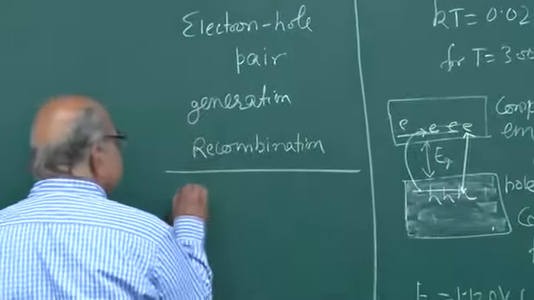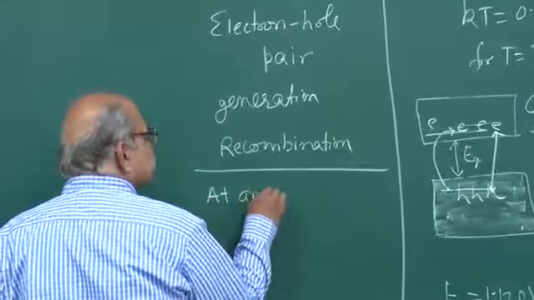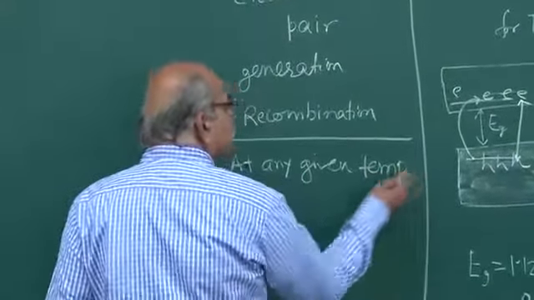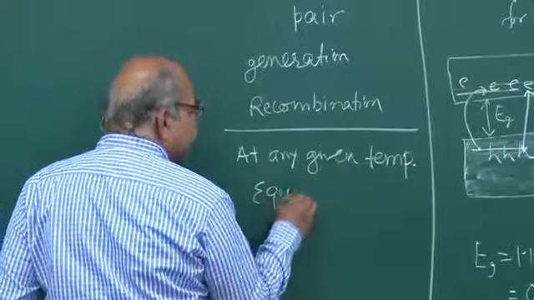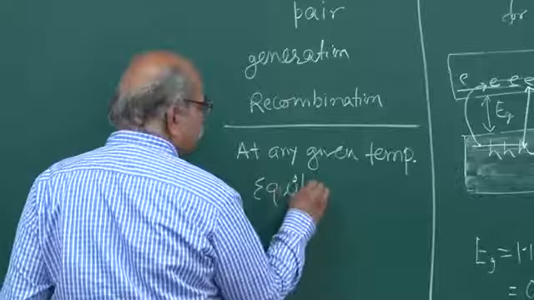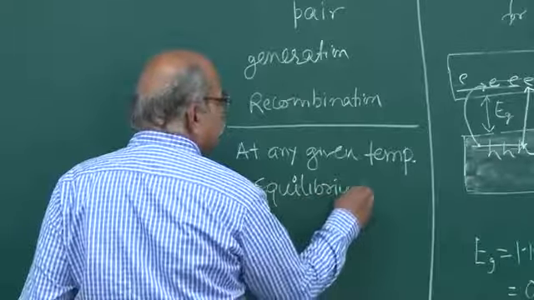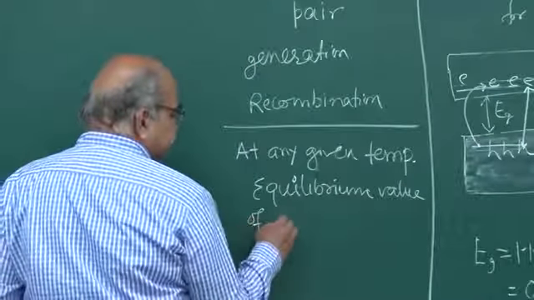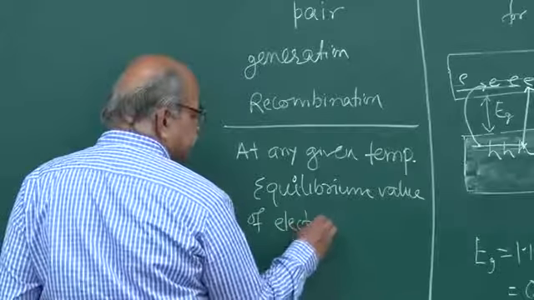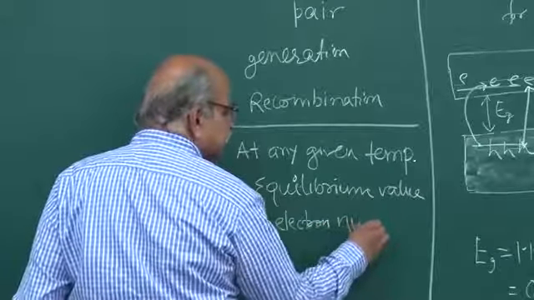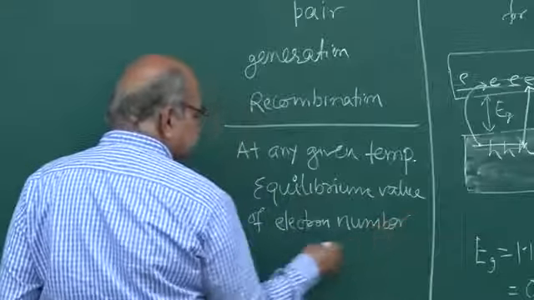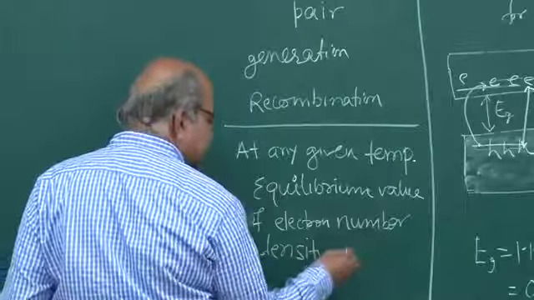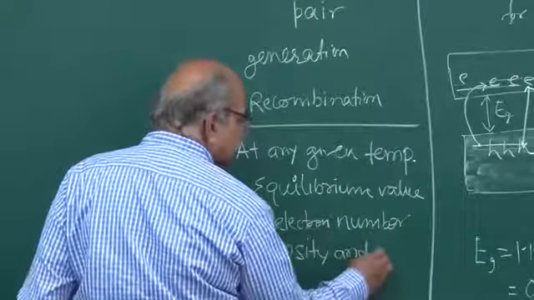So at any given temperature there will be an equilibrium value of electron number density, and that will be the same as the hole number density.